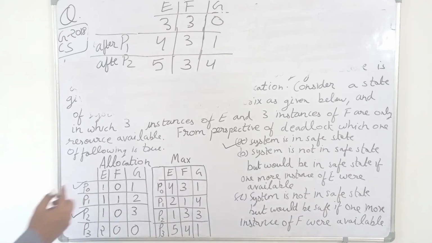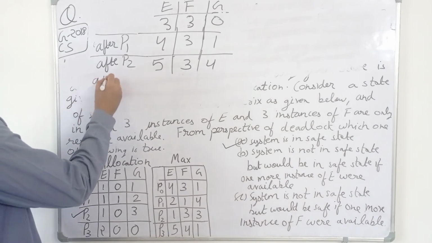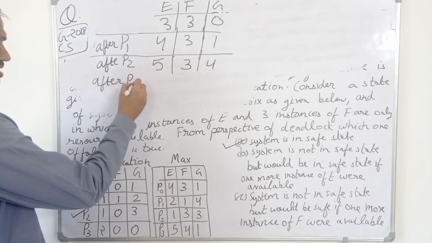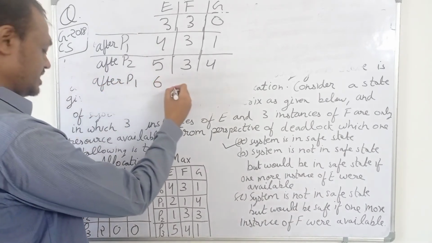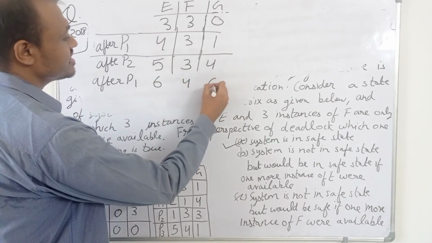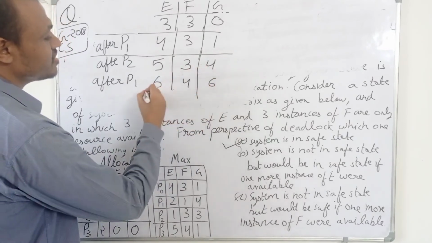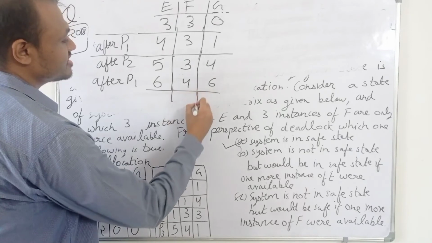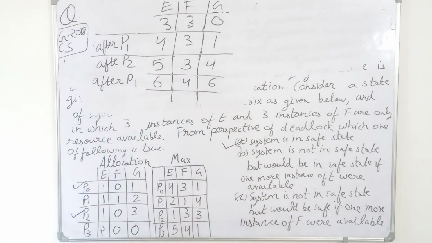So after P1 completes, now we will have 6, 4 and 6 instances of these resources available with us. So now we have 6 of E available, 4 of F available and 6 of G available. Okay, so after P1 completion, now we have these available.